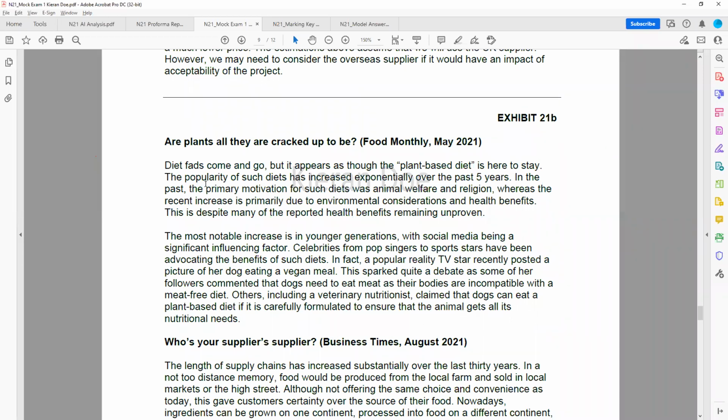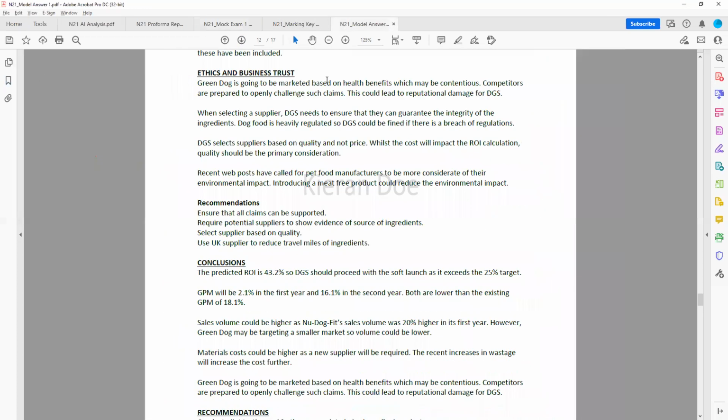So you can see how the AI is relevant. It often provides some kind of context to some of the issues. So we could say that this product is going to be marketed based on the health benefits. These may be contentious. Competitors are prepared to challenge the claims. We've identified what the issue is, and then we've said what the impact would be on DGS, like reputational damage. And then we've got a recommendation: make sure the claims can be supported. And then I moved on to the next ethics issue.